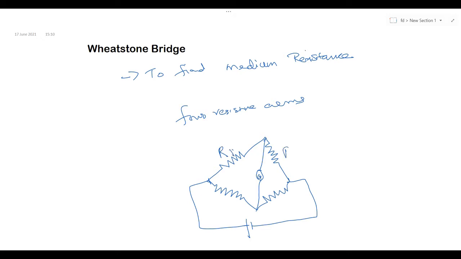Now I am naming these resistance arms as R1, R2, R3 and R4. Let the current flowing through the R1 arm be I1, the current flowing through the arm R2 is I2, the current flowing through the resistive arm R3 is I3, and the current flowing across the resistive arm R4 is I4.